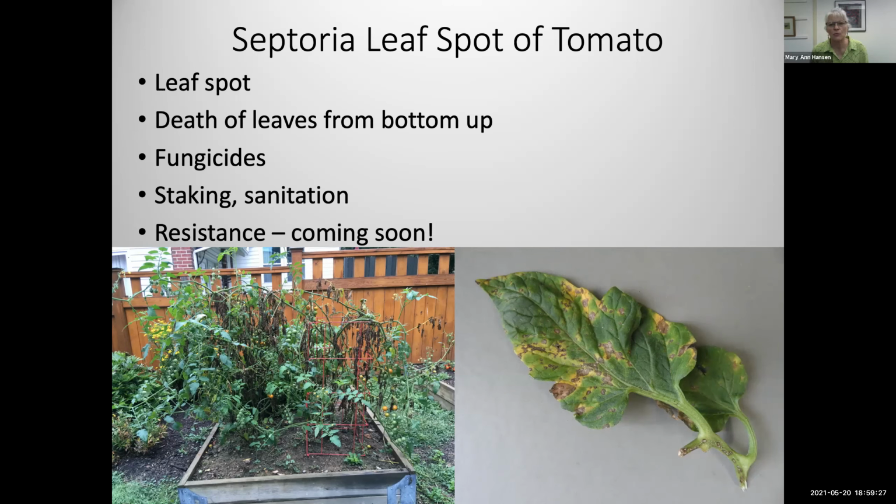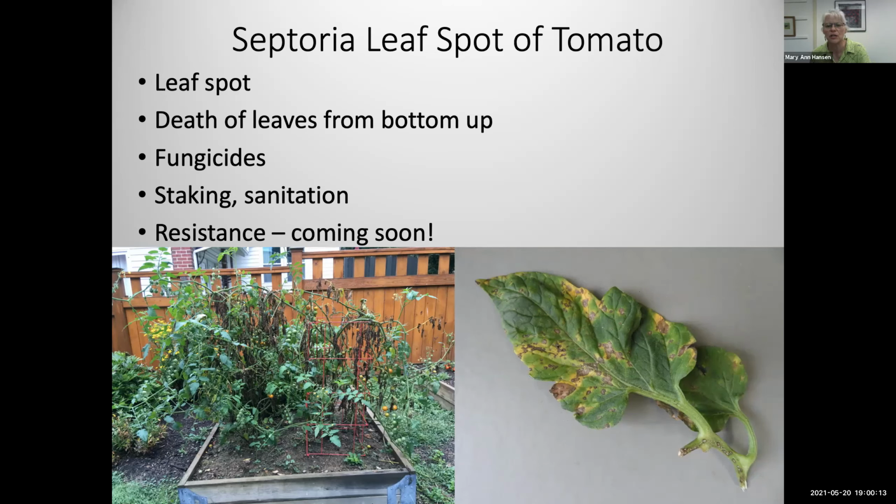And there are resistant varieties for early blight. So, these resistant varieties are bred for resistance to specific diseases. When they do these breeding programs, they spray a bunch of healthy plants with spores of that particular fungus, and then they select the ones that survive, and they cross those and get more and more resistance with each generation.